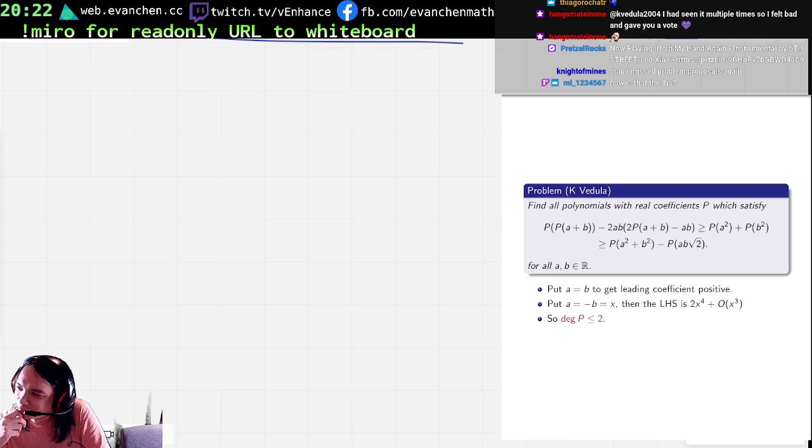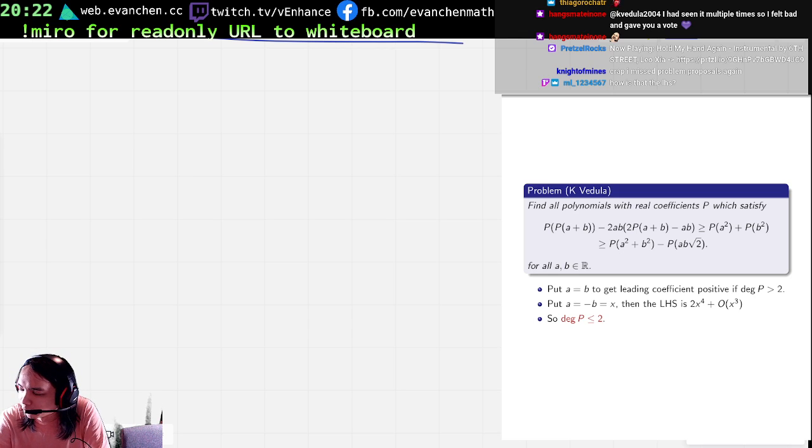I'm really worried I'm missing the negative. Is there a chance that the degree is... Here, I should write this. If degree p is greater than 2, then the leading coefficient is positive, and then you plug in a equals minus b and everything implodes.